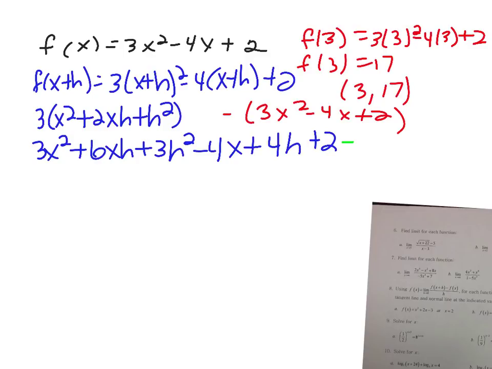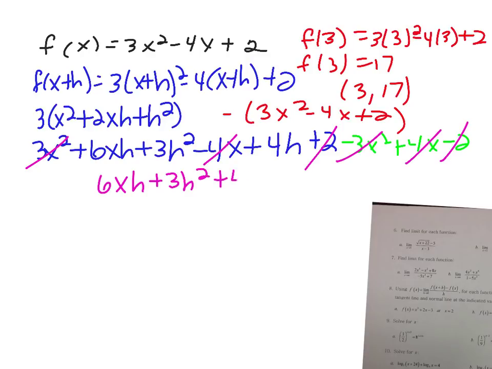And then I get negative 3x squared plus 4x minus 2. Okay, so negative 2 and positive 2 cancel, 4x cancels, and negative 3x squared and positive 3x squared cancel. So then I'm left with 6xh plus 3h squared plus 4h all over h.